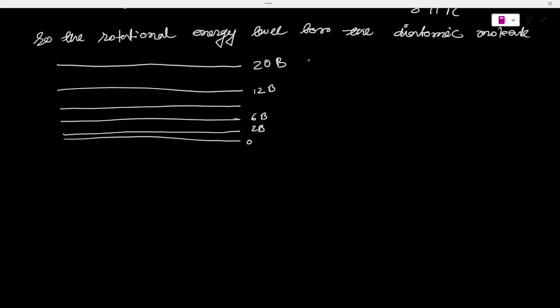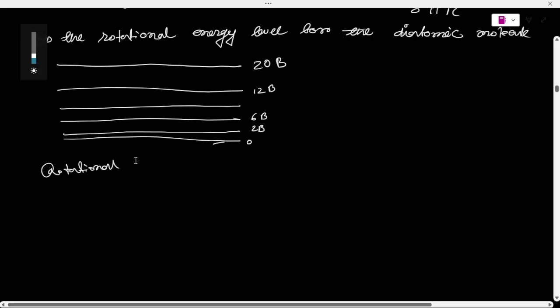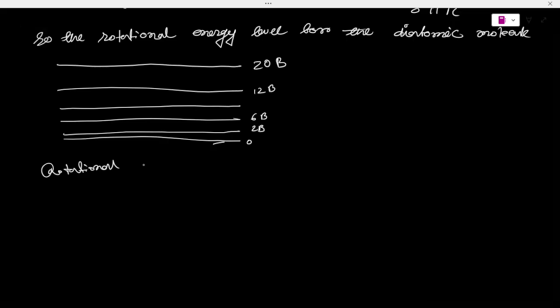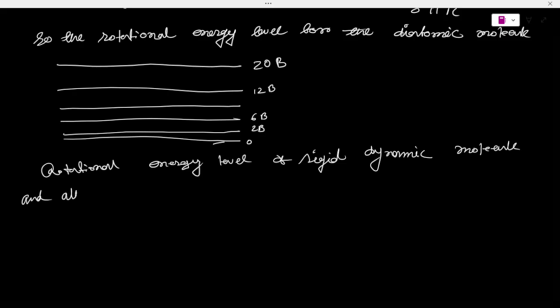Rotational energy levels of a rigid diatomic molecule and allowed transitions.